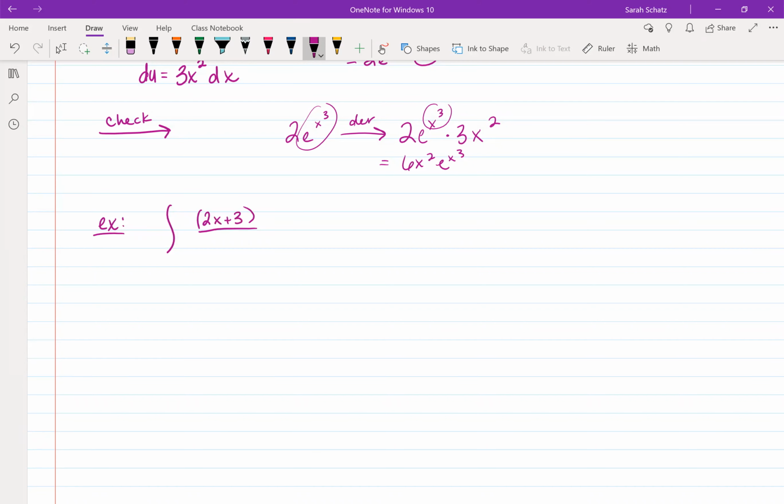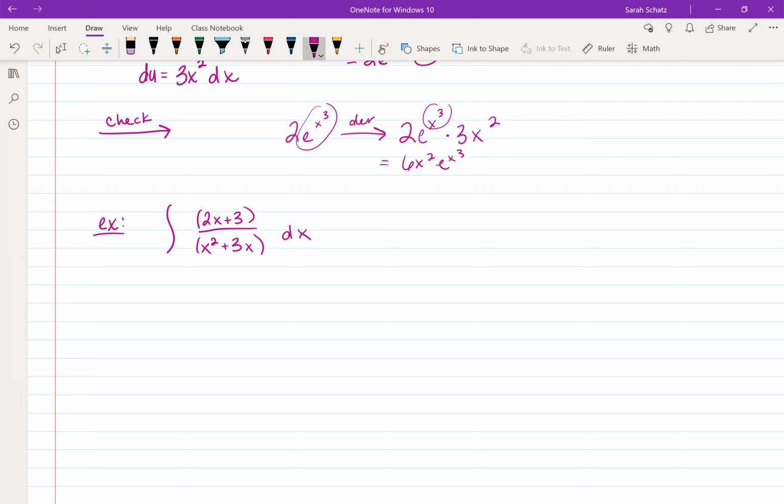Here's what I have. It's going to be a fraction. You guys, you don't have very many fractions happen in u substitution. If they do, there's a good chance it's going to actually be a natural log problem. Now, how do I know that this is a natural log problem?